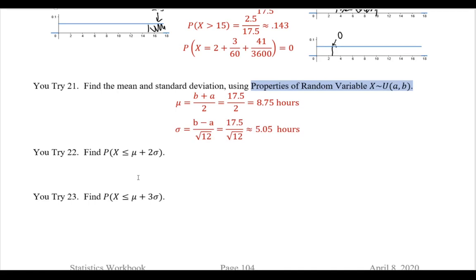You try 22 and 23. Find the probability that x is less than the mean plus 2 standard deviations, and also the probability that x is less than the mean plus 3 standard deviations. If you recall, both of these values were used to help us find the upper cutoff value for unusual events or unusual outcomes.